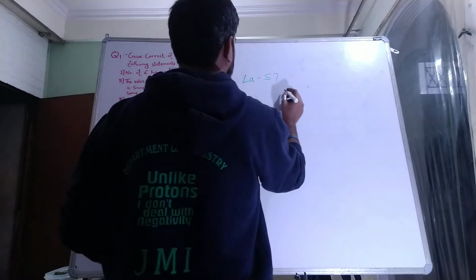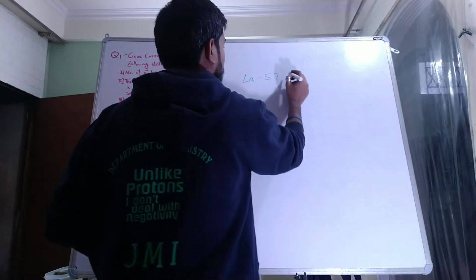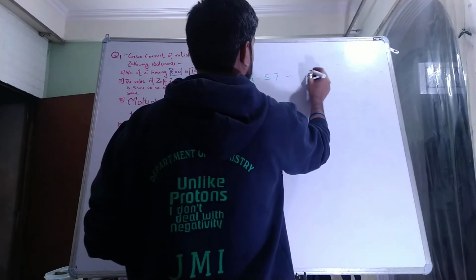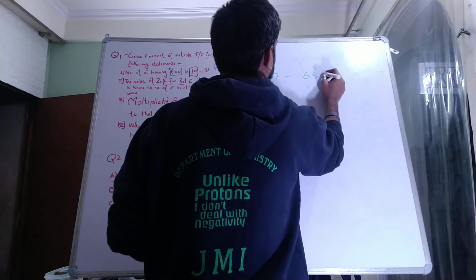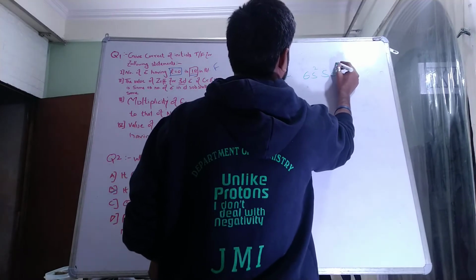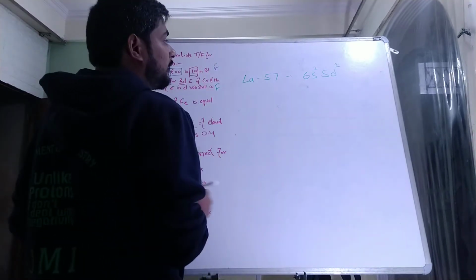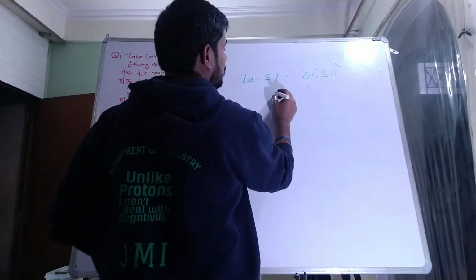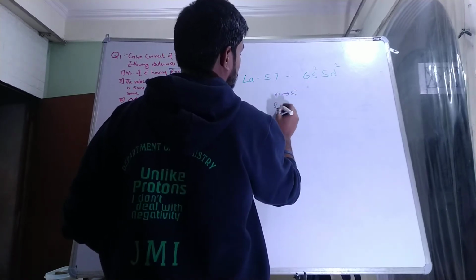It has the configuration ending 6s2 5d1. So from here N, the principal quantum number, will be 5, and L will be 2.